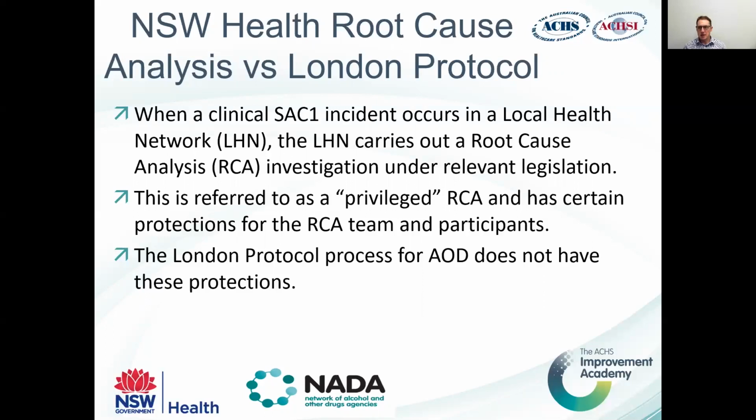Is that correct? Yes, that's right. You have to use another process. So in that respect, they're quite similar. Yeah, that's right. So again, this goes back to this being systems based, and if there's reckless behaviour, if there's abuse, we go down another pathway. Thanks for clarifying that.